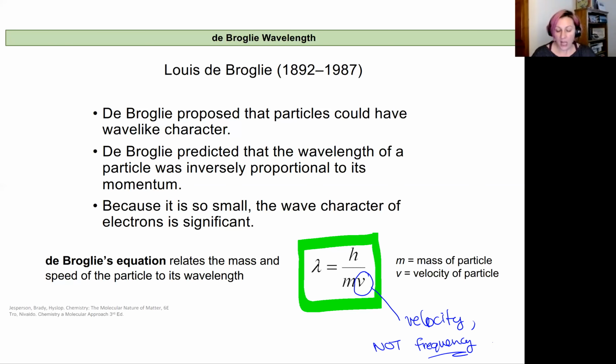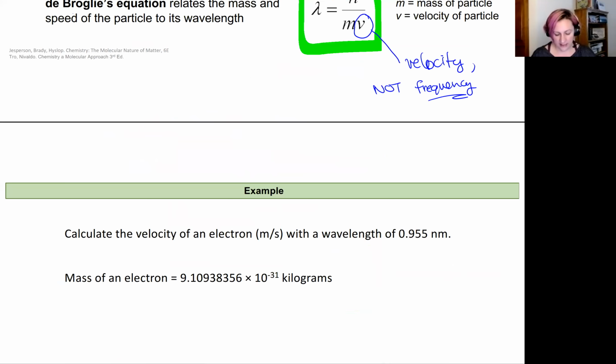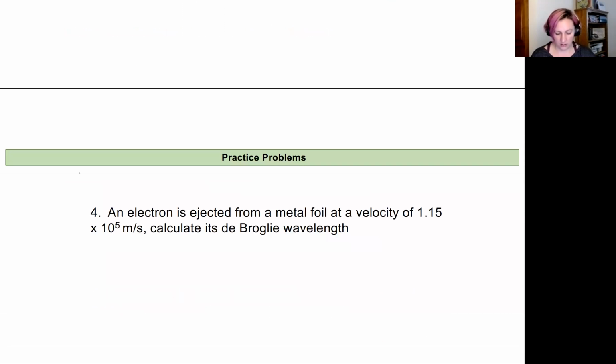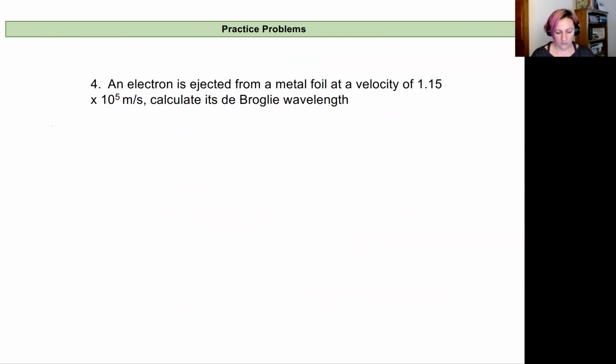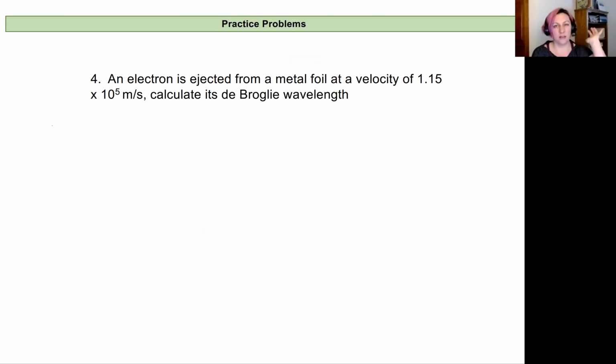Let's take a look at an example of this. We're going to skip this one right here. As an example, and you can try this on your own just to play around with this equation first, our equation states that we have wavelength equal to Planck's constant divided by mass times velocity.